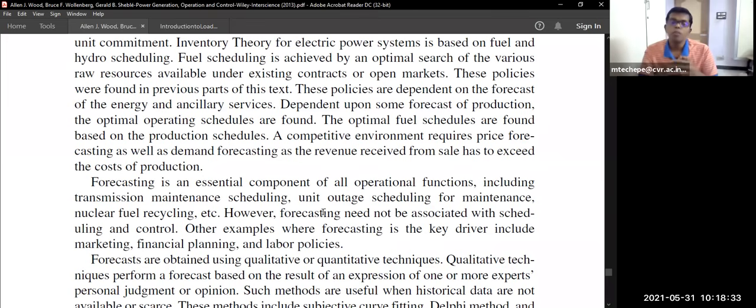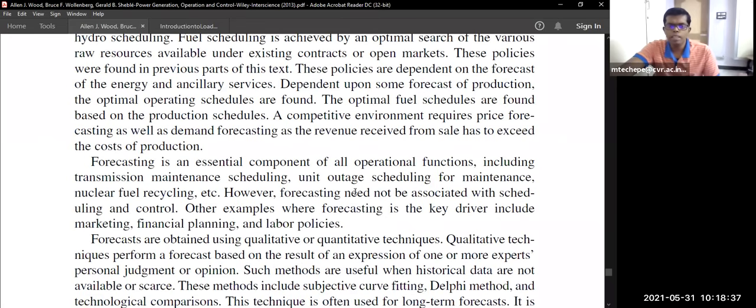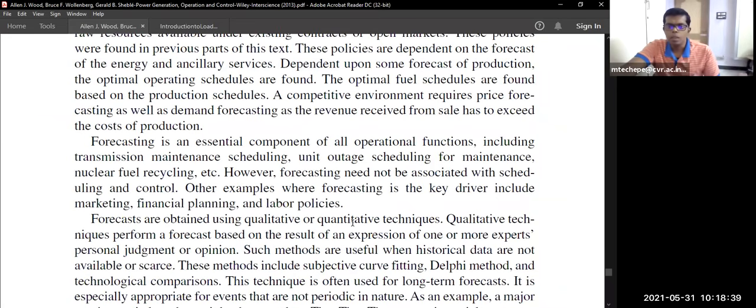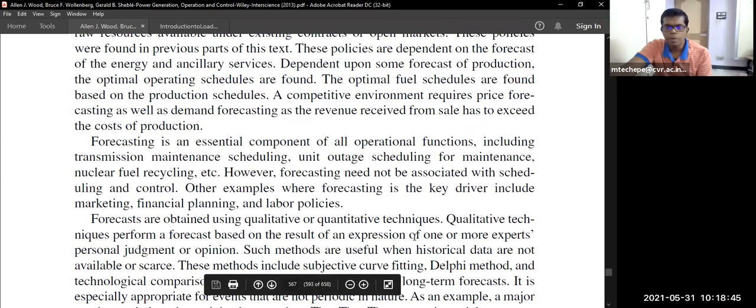That is also forecasting. Forecasting is obtained by qualitative and quantitative analysis. Qualitative techniques perform the forecast based on the results of the expression of one or more experts, or personal judgment or opinion.